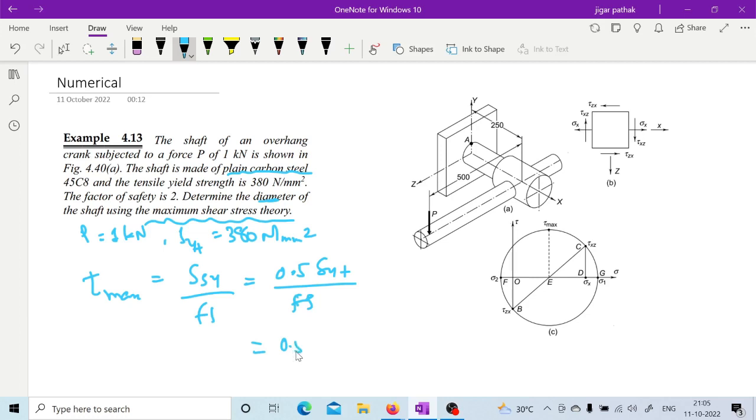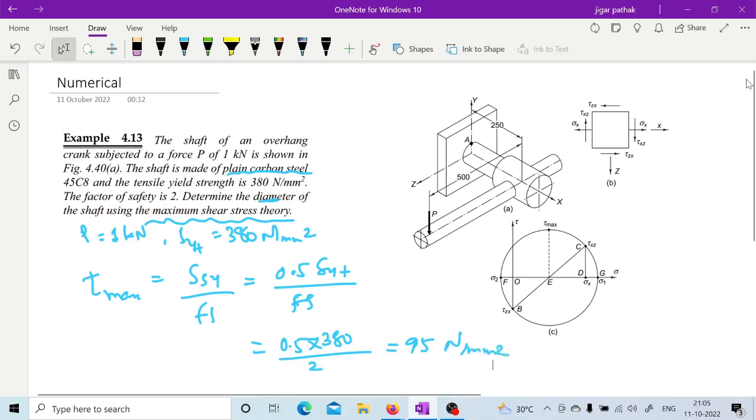So that is 0.5 into 380 divided by factor of safety, that is 2. It will give you 95 Newton per mm square, right? So once you calculate this, then you have to calculate bending moment and torsional moment.